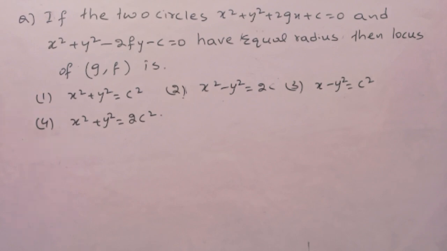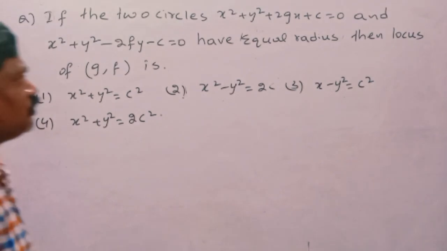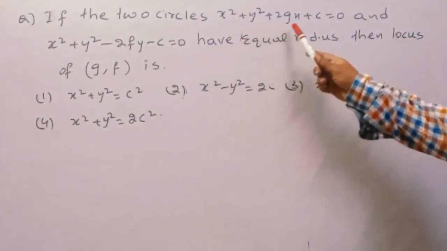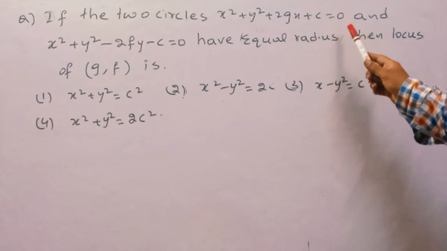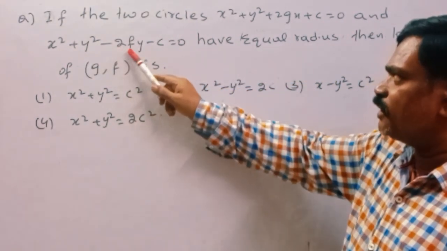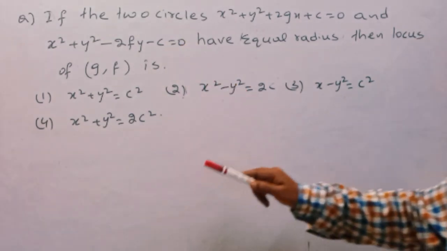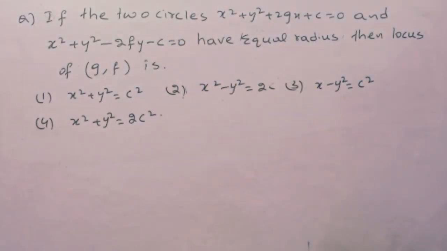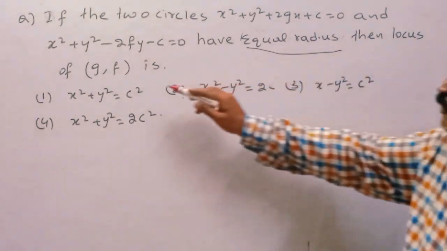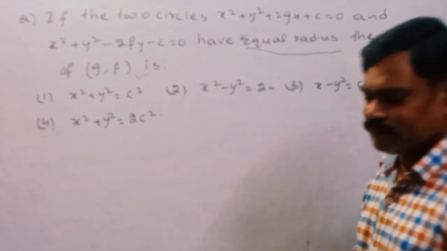Here we have a problem on circles. If the two circles x square plus y square plus 2gx plus c equal to 0 and x square plus y square minus 2fy minus c equal to 0 have equal radii, then the locus of g comma f is.